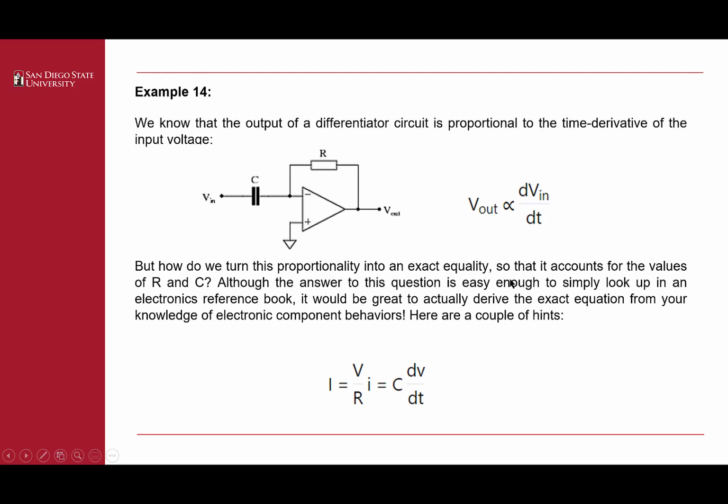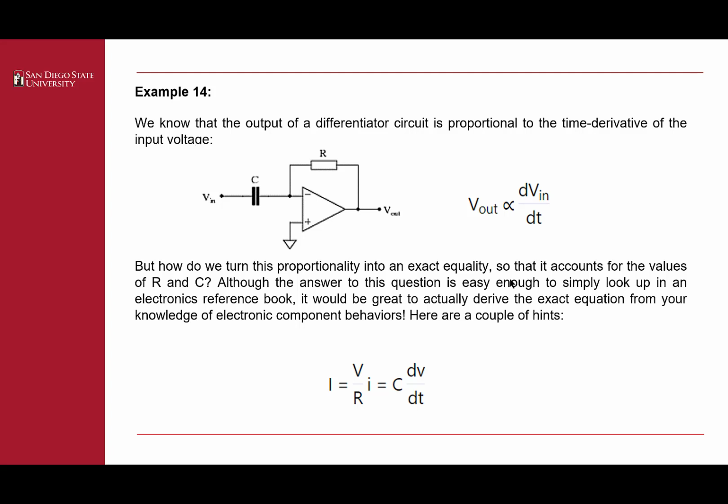So time varying current is defined as C times dV/dt, and the average current is defined as V over R. So what should we call V here? First, Vin, which is the input voltage, and lastly Vout, the output voltage.